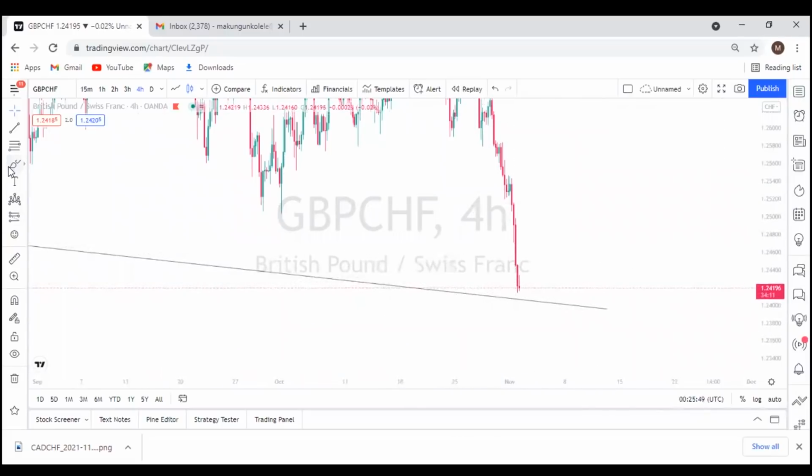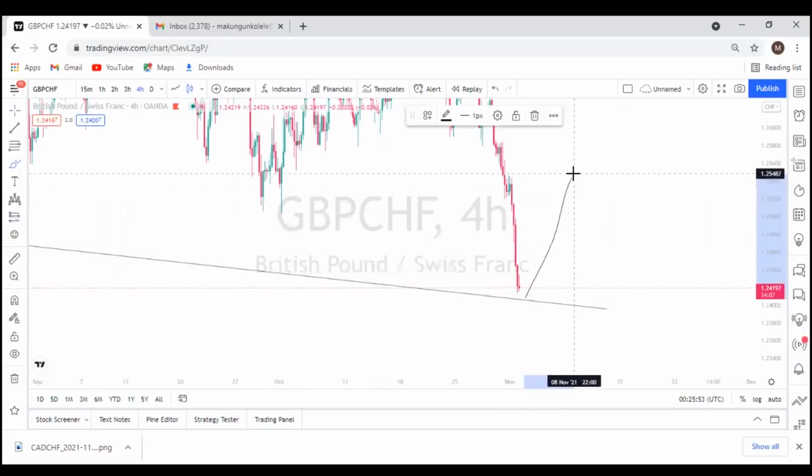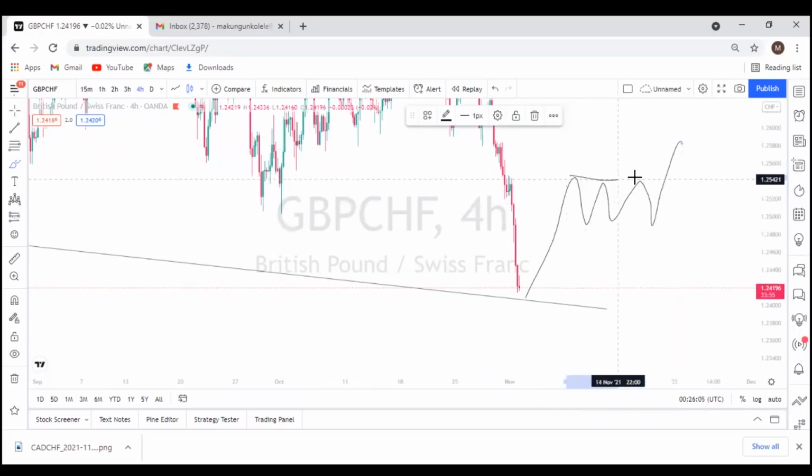So with this one, it's also a matter of the waiting game. We're gonna need a significant impulse or rejection to the upside, and we're gonna wait for something like this to form.